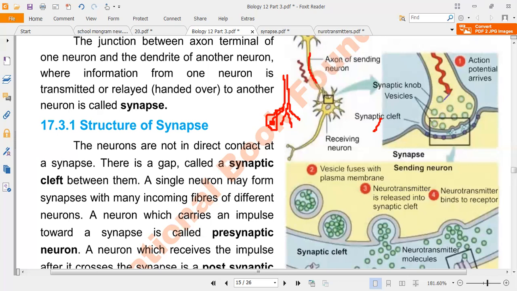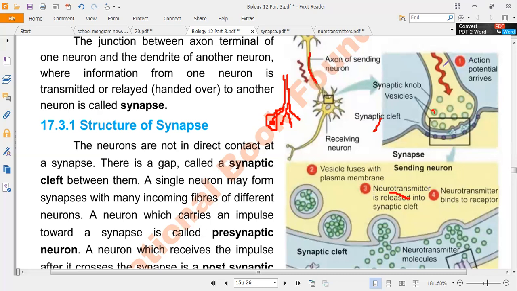These vesicles, or bubble-like structures, have some chemicals inside. These chemicals are called neurotransmitters. Neuro means neuron, transmitters means they transmit; they transmit the messages of one neuron to another, and they are called signaling molecules between two neurons.